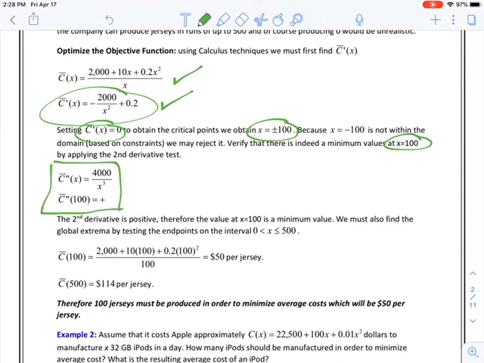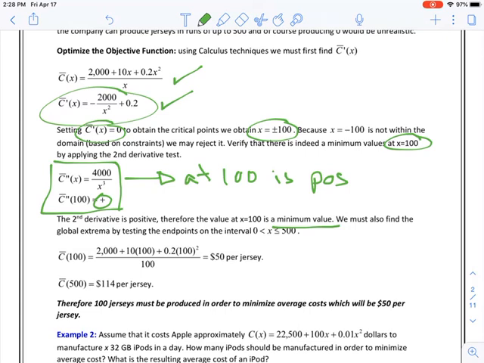So I found the second derivative of the average cost function, and I substituted in 100. Now, remember, when you're doing the second derivative test, you don't really care about what the number is. All you care is that it is positive. So because the second derivative at 100 is positive, that means that we have a minimum value.